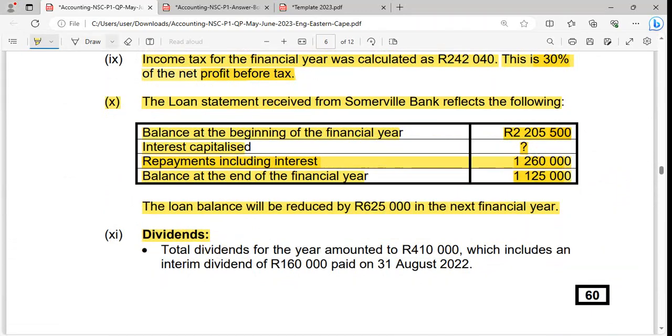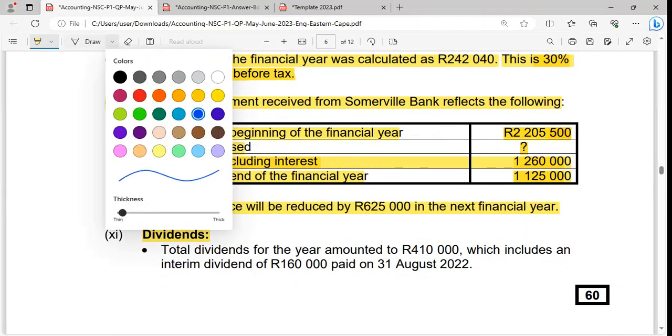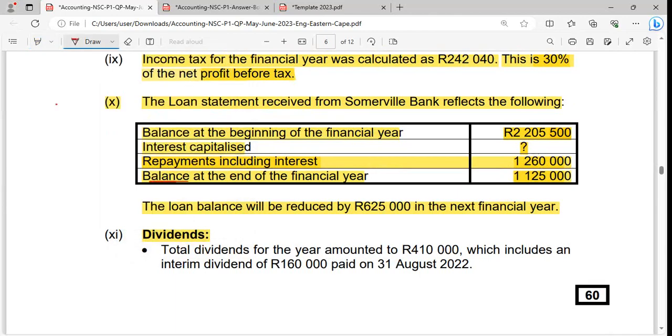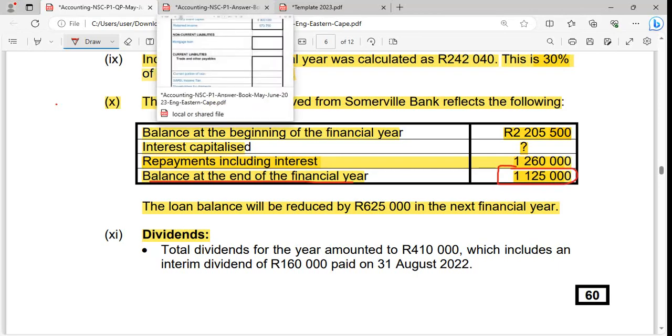So we have the mortgage loan closing balance. So the balance at the end for this loan as per the loan statement is 1,125,000. This is the closing balance.